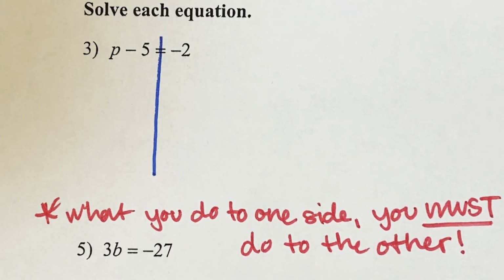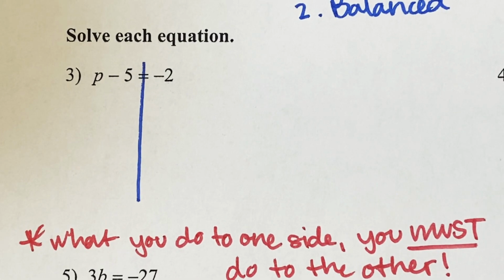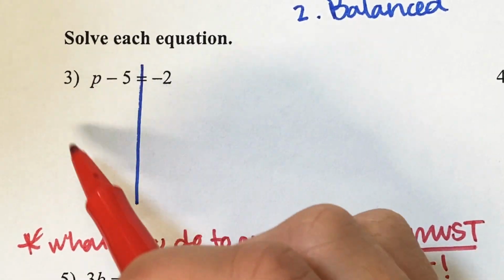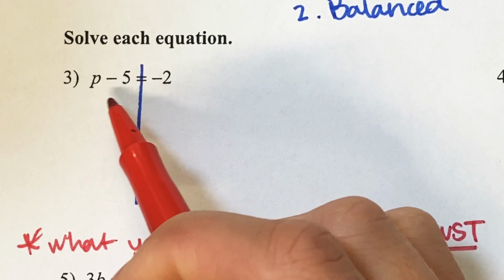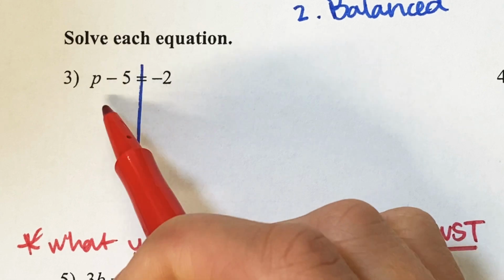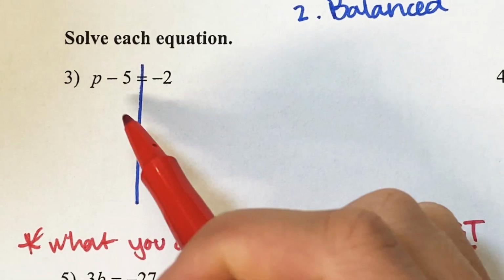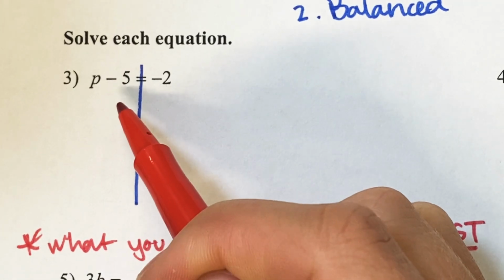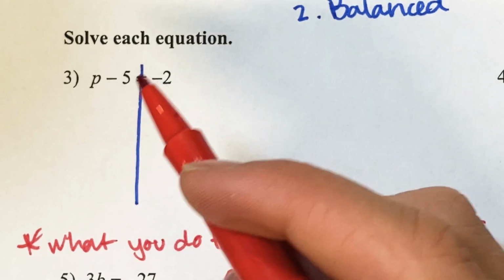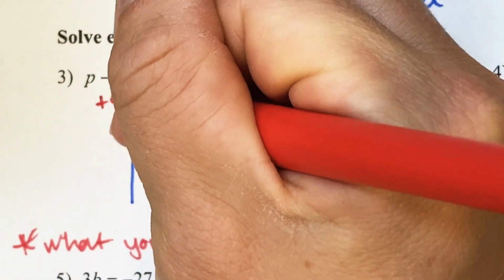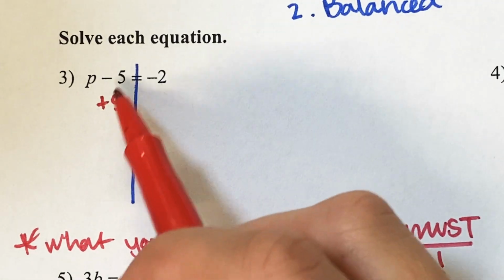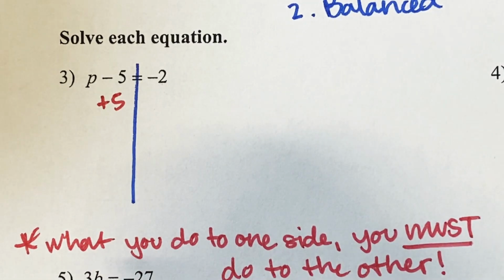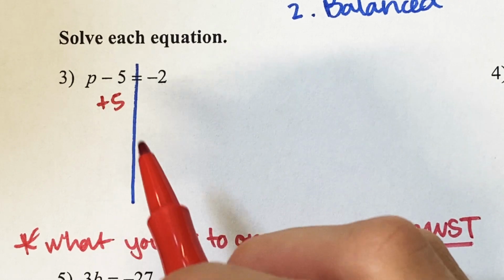It's pretty nice. In number 3, we look at the side with my variable, and we need to untie this knot, or do the opposite of -5. The opposite of -5 is +5. Addition and subtraction are opposites of each other. Multiplication and division are opposites of each other.